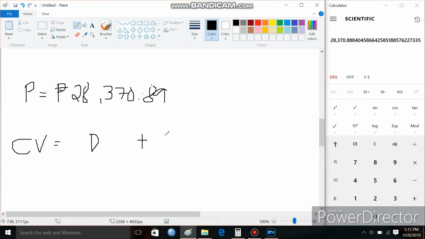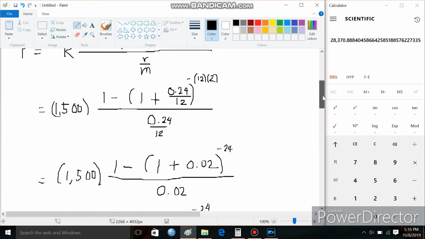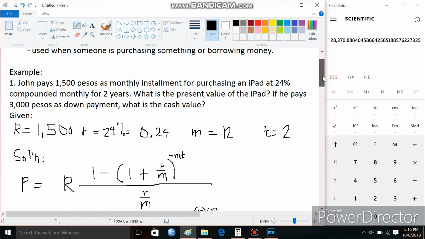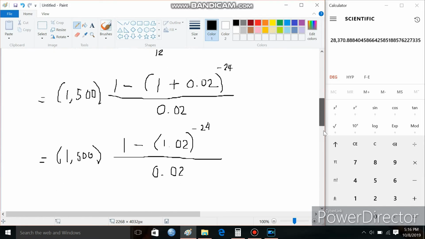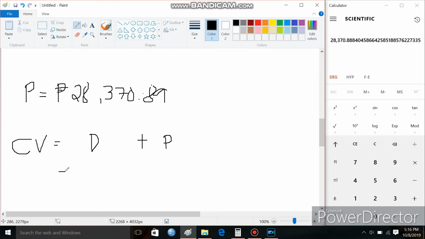In this case, since John paid a down payment of 3,000, we will simply write 3,000 plus 28,370.89.